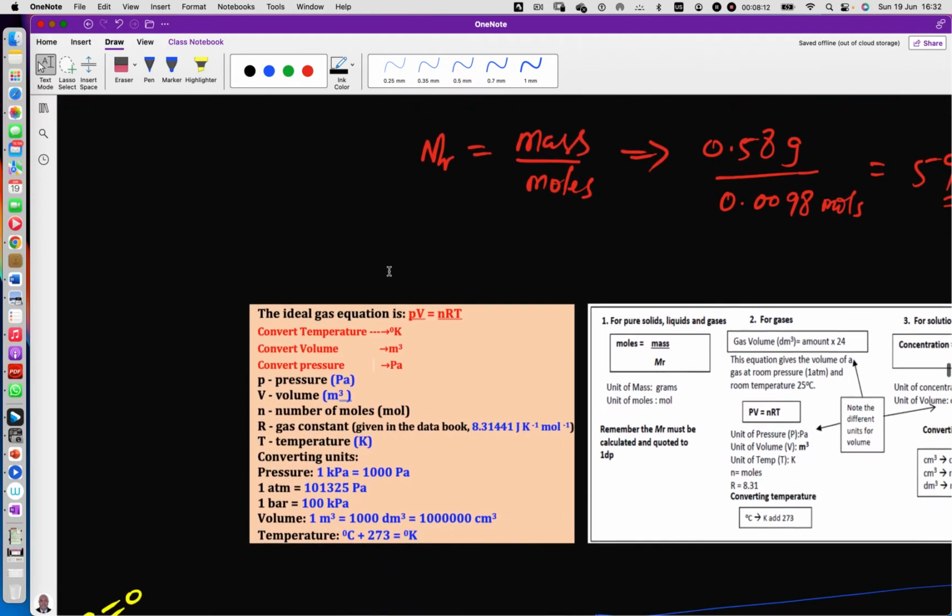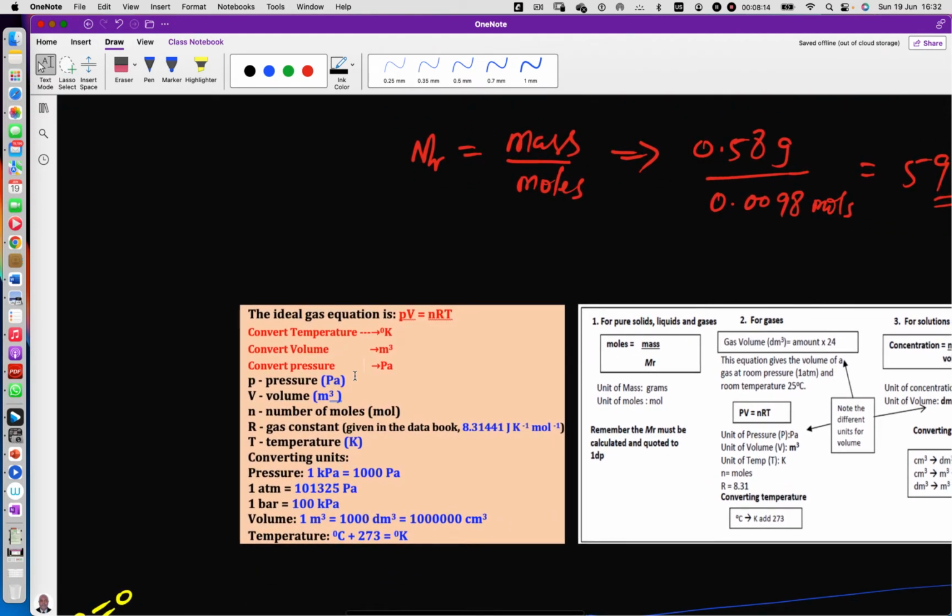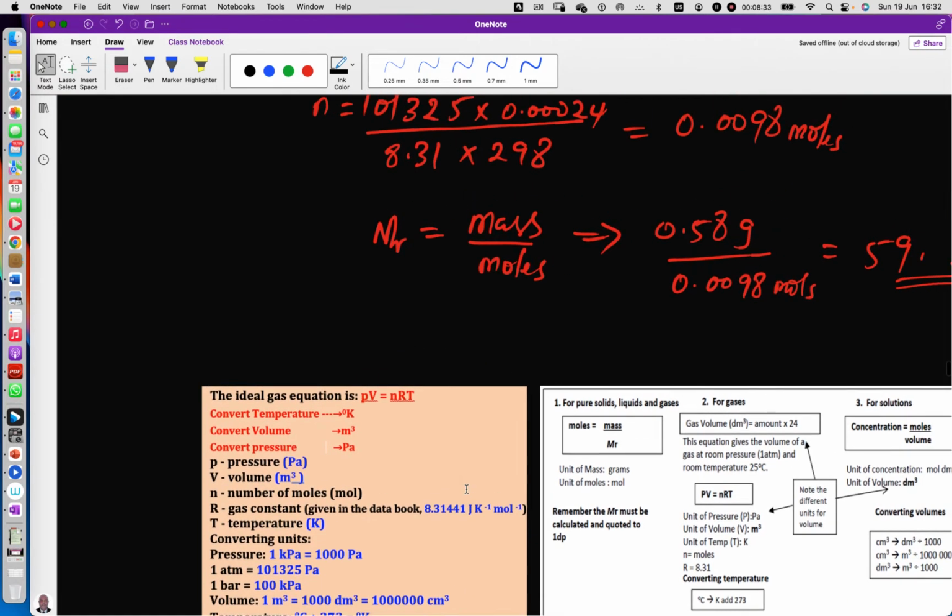I prefer that you do the conversions, because this is what we are currently using: into Kelvin, into m cubed, into Pascal, and convert the gas constant and follow the ideal gas equation.